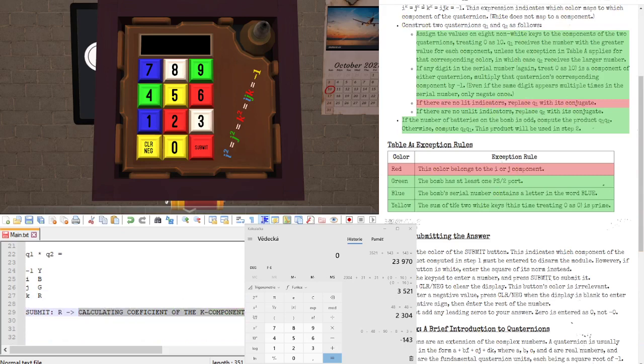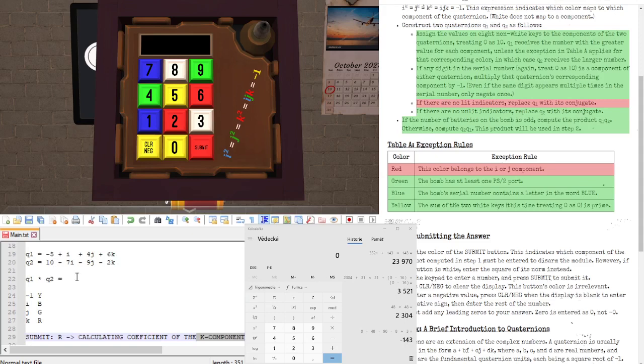So every other thing doesn't matter to us. We don't need to actually calculate the real part or i, j's. It doesn't actually matter. So we just need to know what numbers yield something that will add to or subtract from the k component. And we already know that from the previous example.